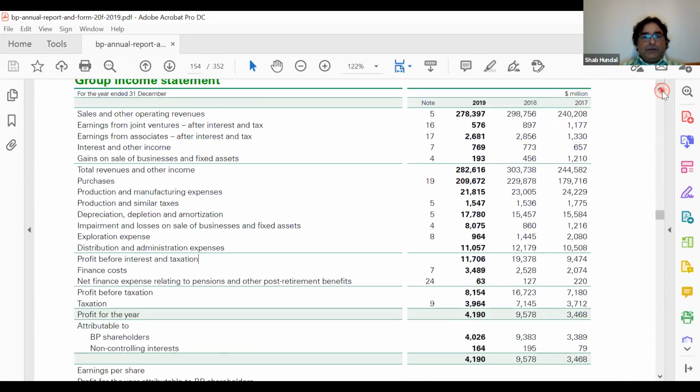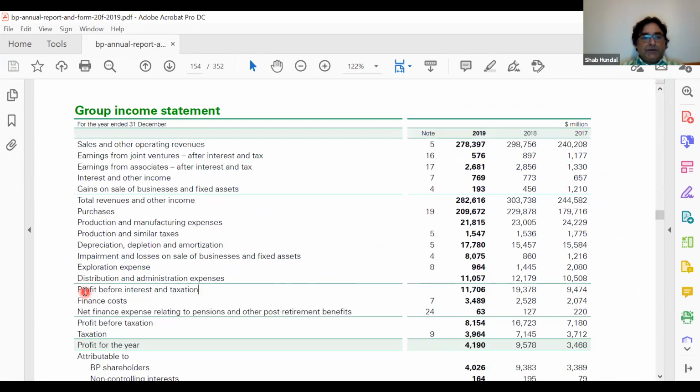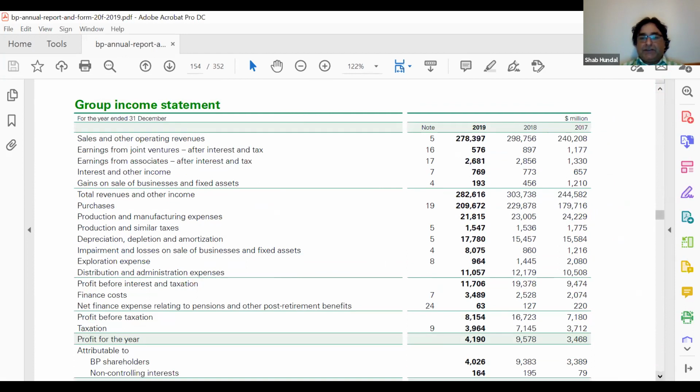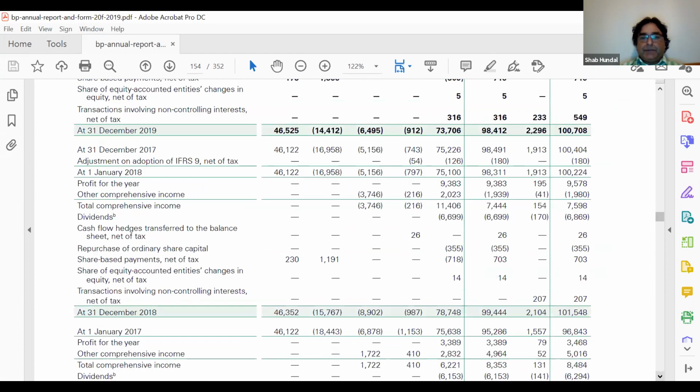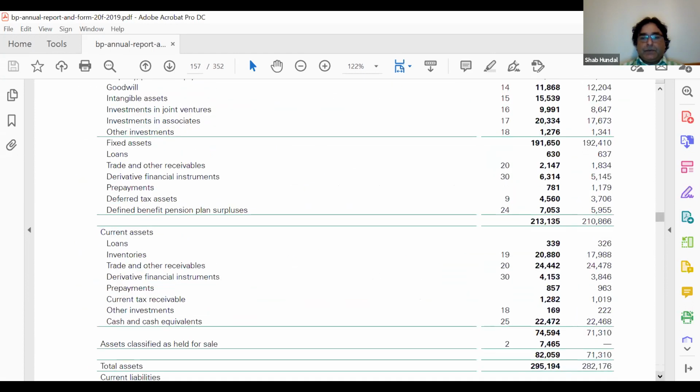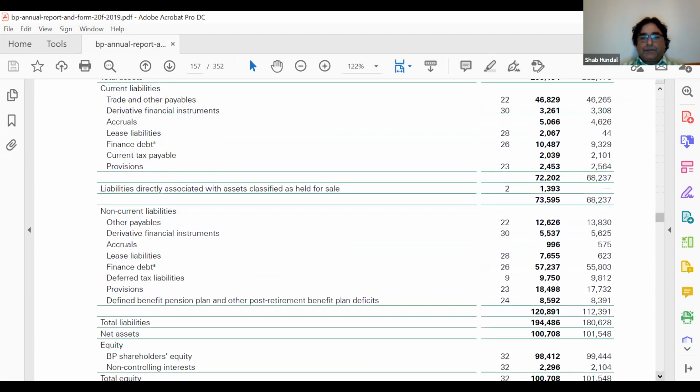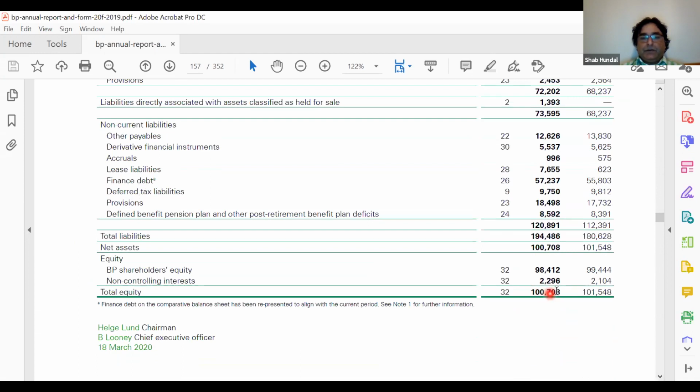The operating profit of the company was here, 11,706. So if I divide 11,706 by total equity, something about 100,708, this value or this value, same thing, then it comes to be about 11%.